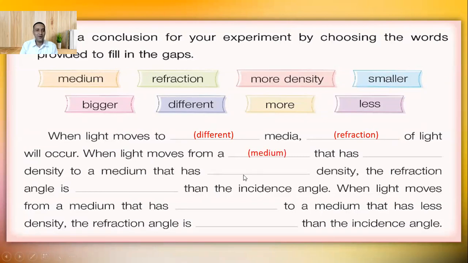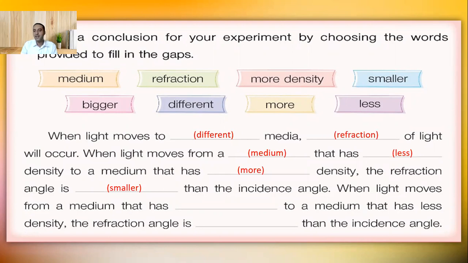When light moves from a medium that has less density to a medium that has more density, the refraction angle is smaller, right? So in the first experiment, we already learned when light moves from a medium that has less density to a medium that has more density, the refraction angle is smaller than the incident angle.